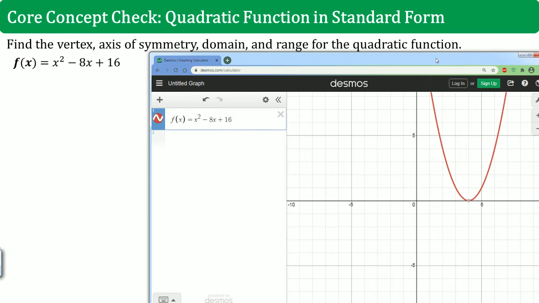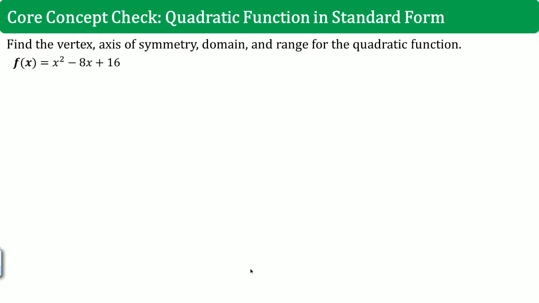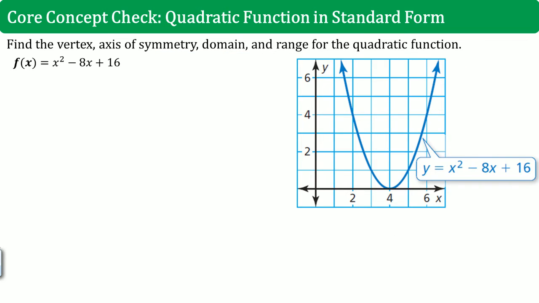Notice here you have it graphed, so let's transfer it over. And now you could find the parts. The vertex is right there, and it is 4, 0. The line of symmetry goes straight down through the vertex, so x is equal to 4.